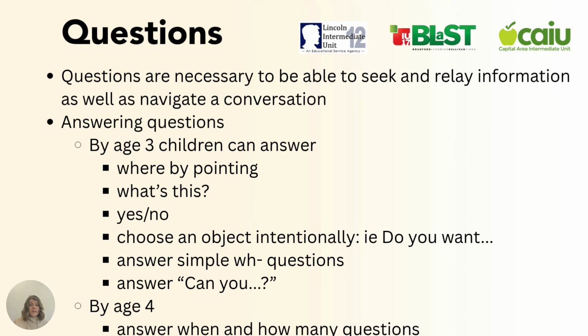Things like that. They can answer some can you questions. And they answer those simple WH questions like, what is that? Who is this? Those sorts of things. By the age of 4, they answer when and how many questions. So think about that. Again, all of that is happening before they come to school in typical development.